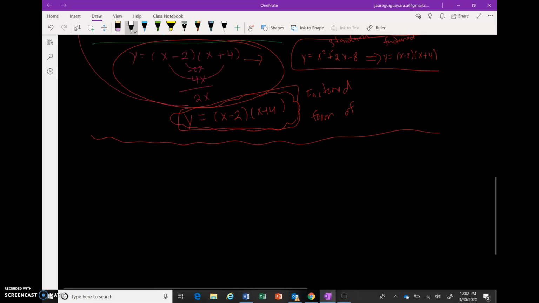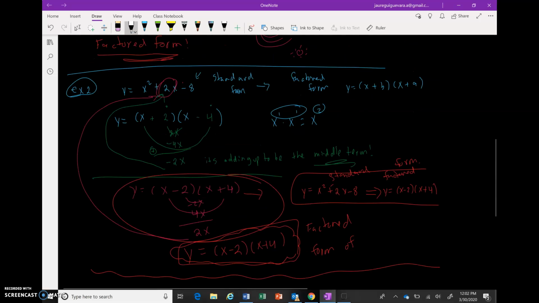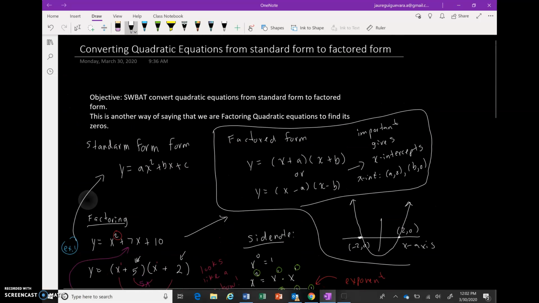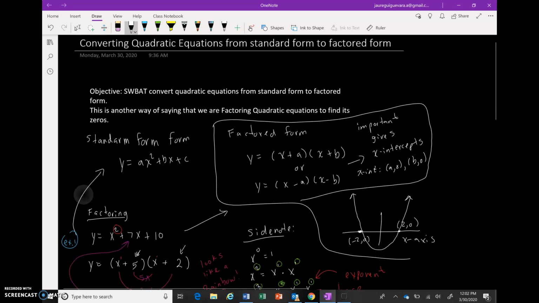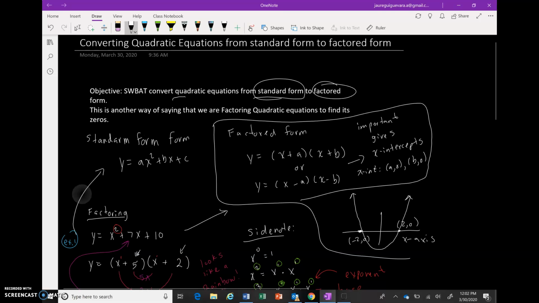Let me work some out with you, okay? And please remember, we're trying to convert quadratic equations from standard form to factored form.